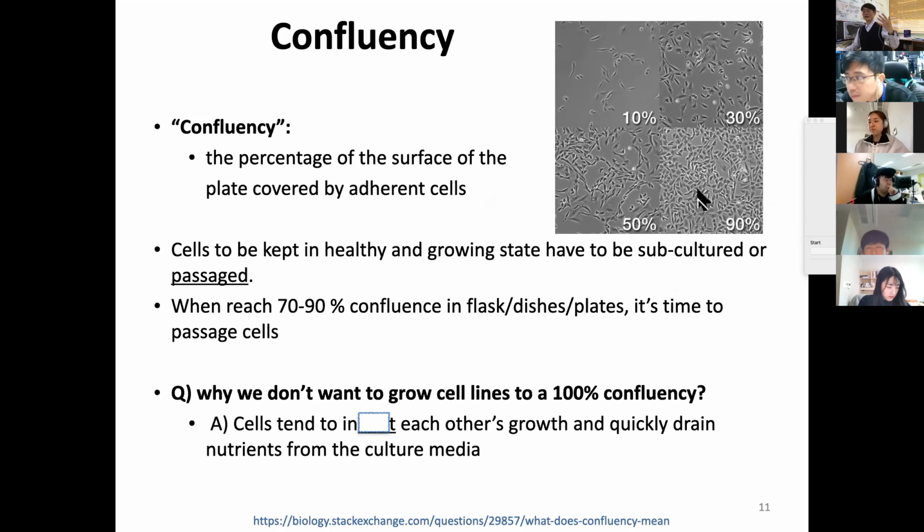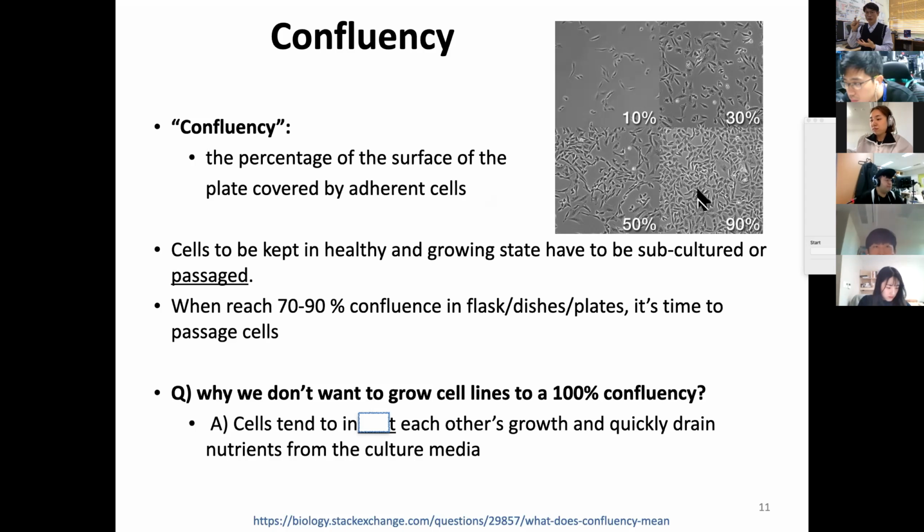Over the years, it's a very good idea when you first obtain the cells, let's say from a company called the ATCC, or you got them from your collaborator, or you make them from your own animal primary, to write down the passage number, because this can be very important later on.